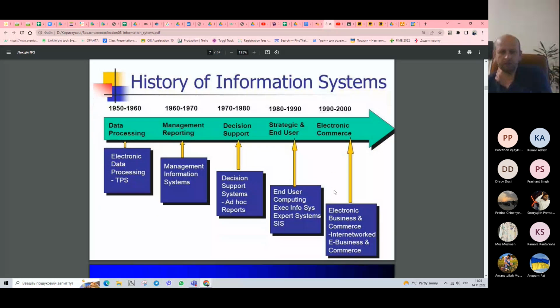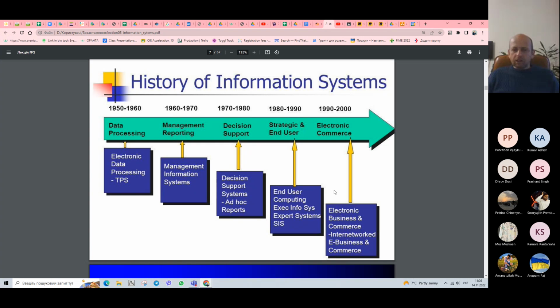A few words on the history of information systems. The first task was electronic data processing, from the previous century, the 50s and 60s. Then management reports, management information systems, decision support, ad hoc reports, with the goal of helping in decision making.